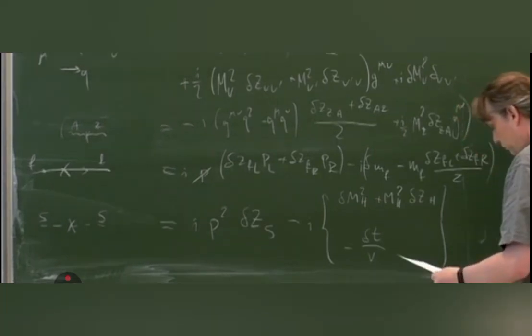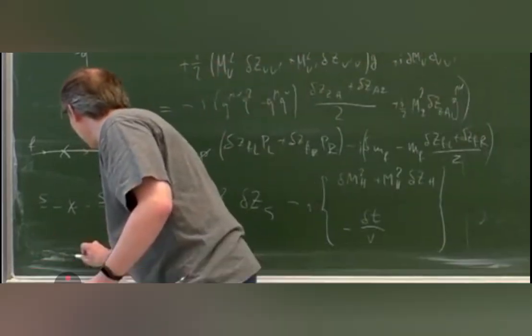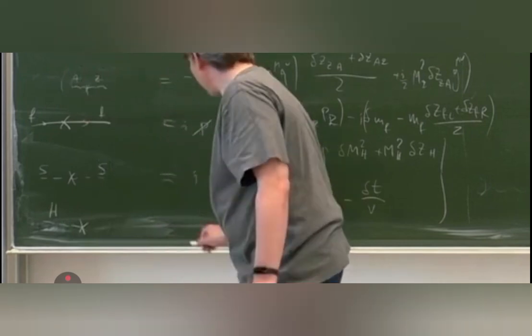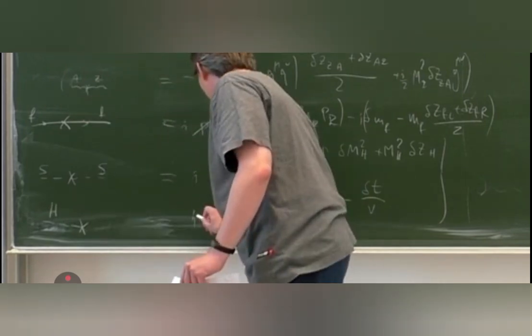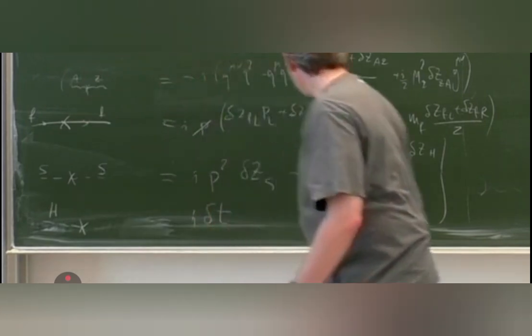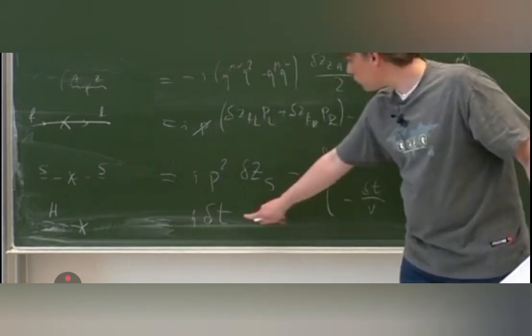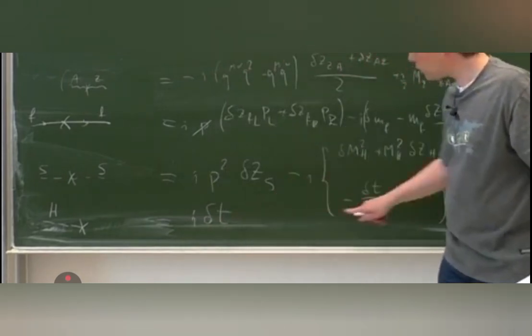And that is what we have seen just in the discussion of the Higgs potential. Then there is the tadpole counter term for the physical Higgs, a one-point function. That counter term is I times delta T. So here there is a relationship between the Goldstone mass and the tadpole, and so they have the same renormalization constant.